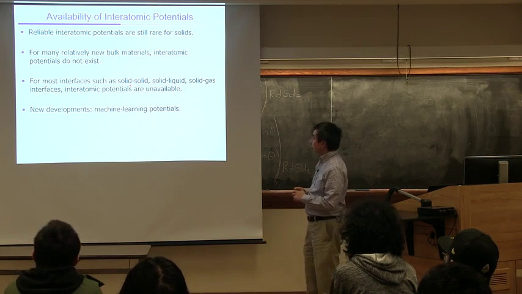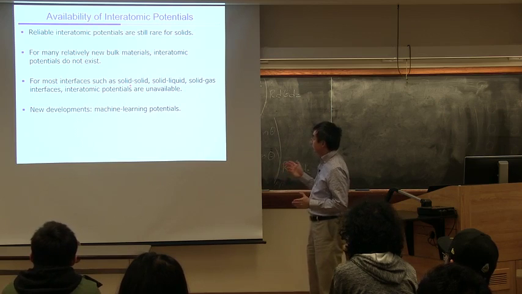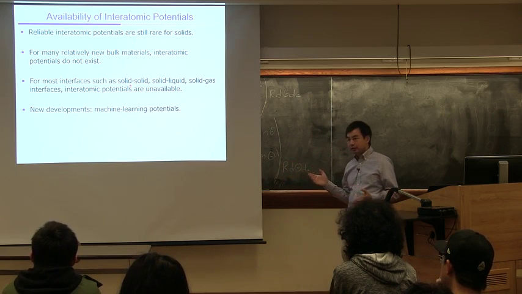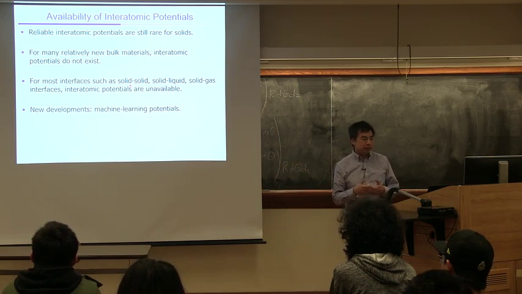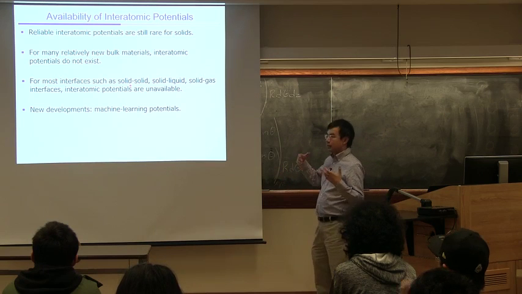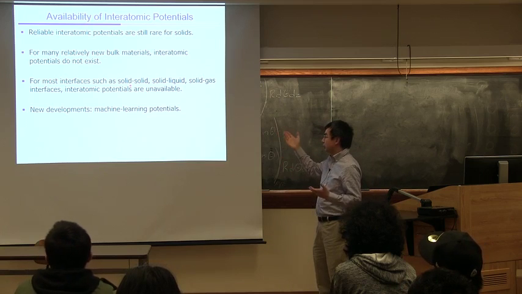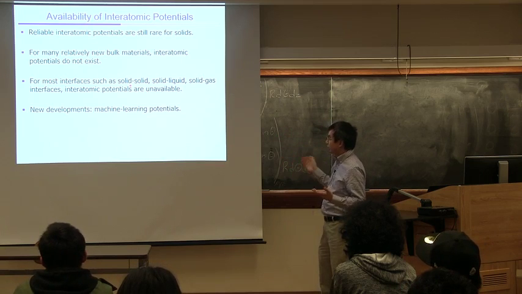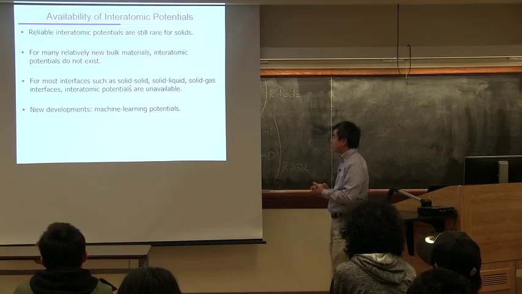Okay. For many relatively new bulk materials, these potentials do not exist. There are new materials being synthesized by chemists every day, and nobody has really developed potentials for those new materials yet, and it takes time, even if it's doable, right?